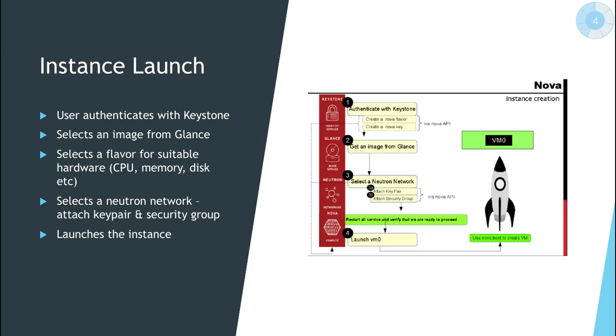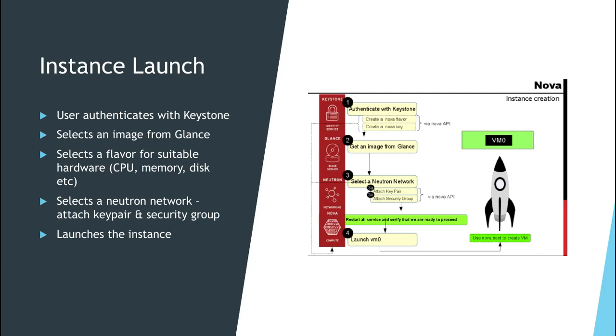When you go for an instance launch, this is the diagram for the workflow. The first time the user logs in to the OpenStack platform, he authenticates with Keystone, and Keystone checks the user's authorization, whether he can access a particular project, what his role is, and whether he has permission to launch an instance.